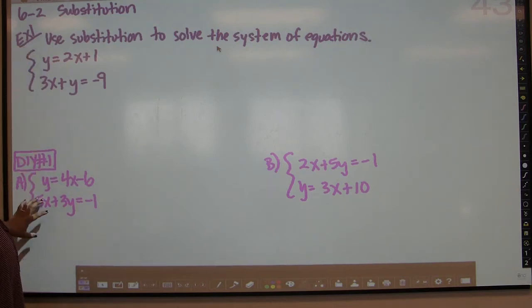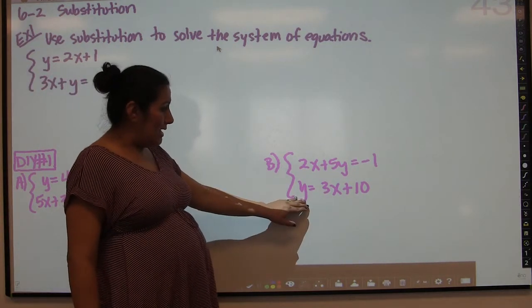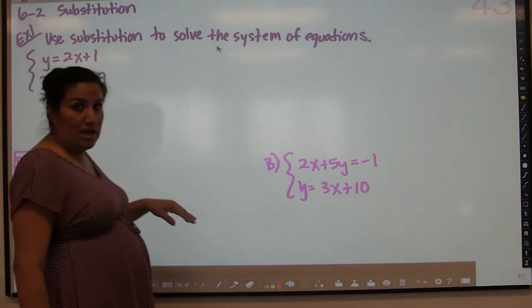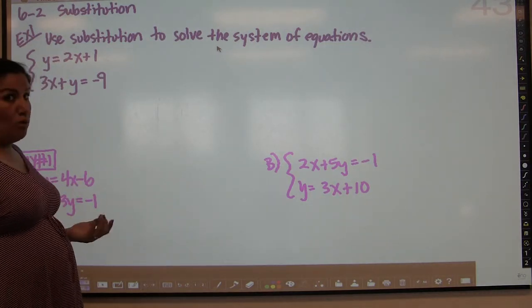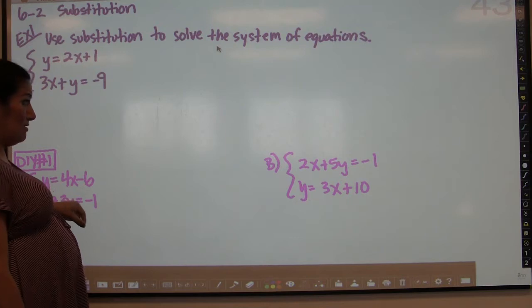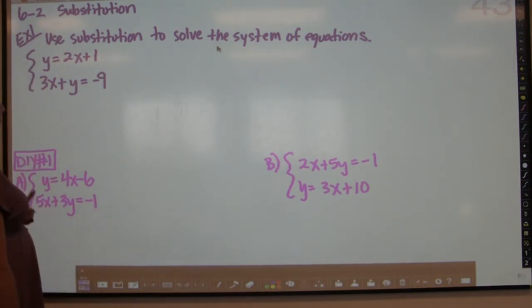You can see in part A of the do-it-yourself question that the first equation is isolated, and in part B, the second equation is isolated. It doesn't matter which one is isolated, but you have to have at least one of the equations isolated. And it doesn't even matter which variable. In all of these cases, it happens to be the y, but it could very easily be the x as well.